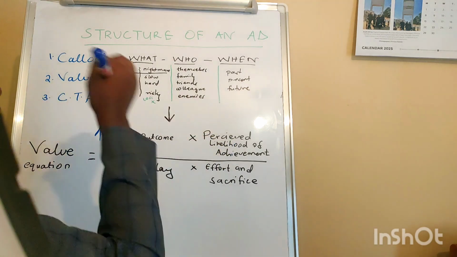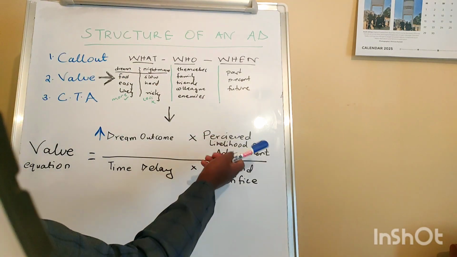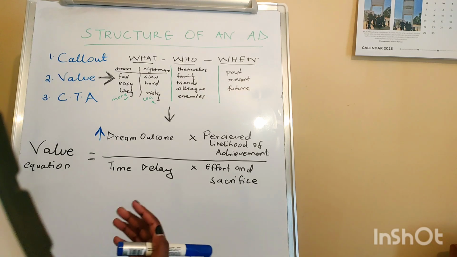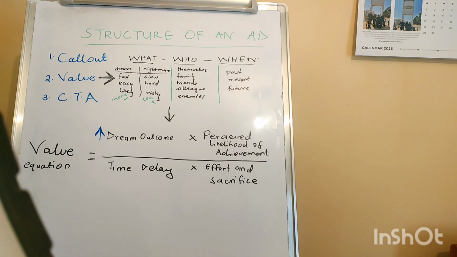So how do you increase perceived likelihood of achievement? This is where you can use testimonials, or you can show authority, include guarantees. Because of past failures, we assume that even when we buy, there's a risk we don't get what we want.